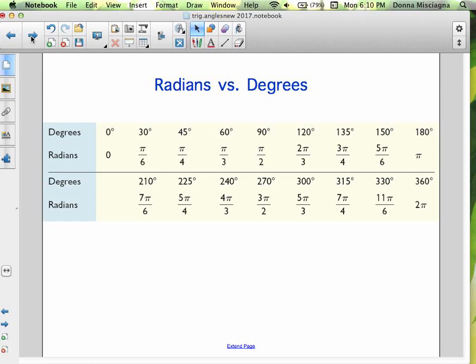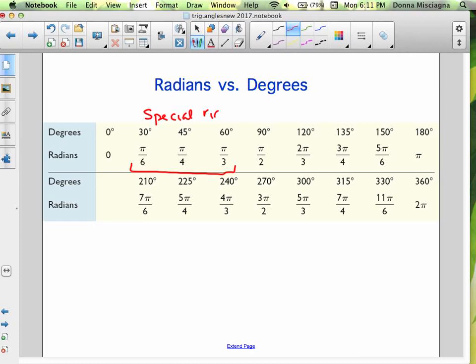The ones you should absolutely know, though, is that 90 degrees is pi halves. 180 degrees is pi. 270 degrees is 3 pi halves, and 360 is 2 pi. Some other important ones are these ones right here. They come from our special right triangles. So these 3 are important. 30 degrees, 45, and 60.